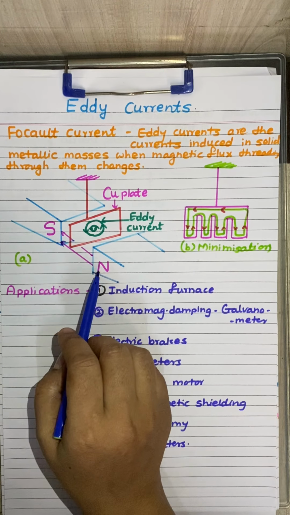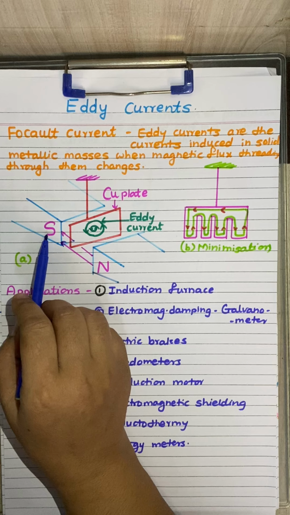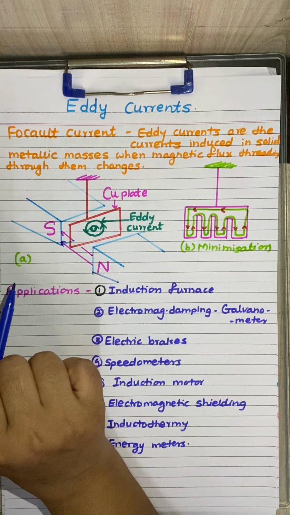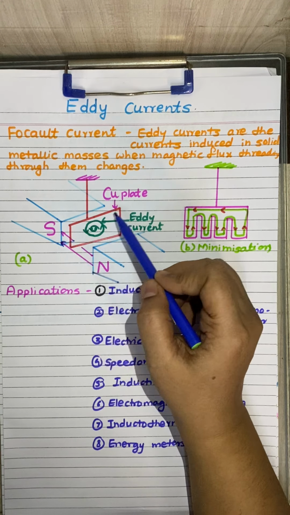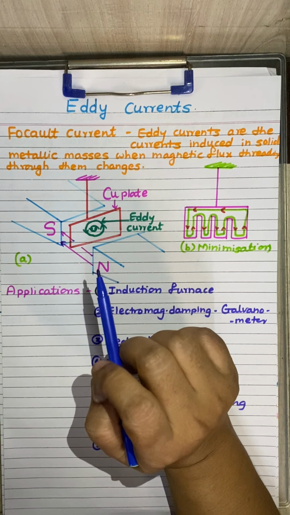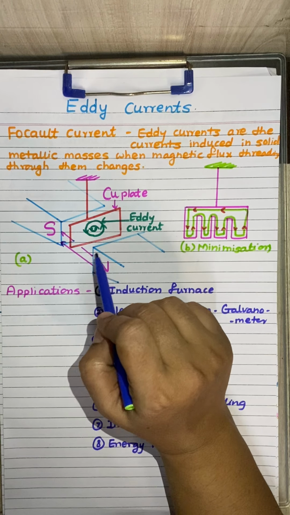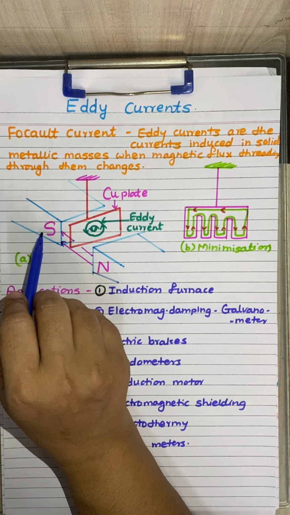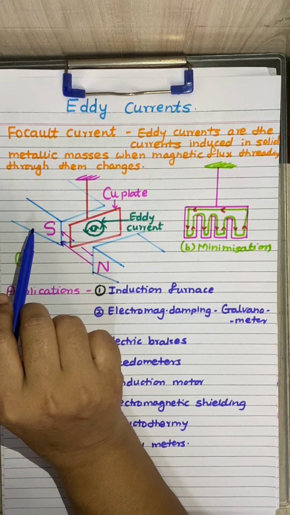That means if the north pole and south pole are not there, these are only normal coils through which current is not flowing, and in that case this plate will oscillate freely. Now as the electromagnet is switched on, this face will behave as a north pole and the other face as a south pole, producing a strong magnetic field from north to south.